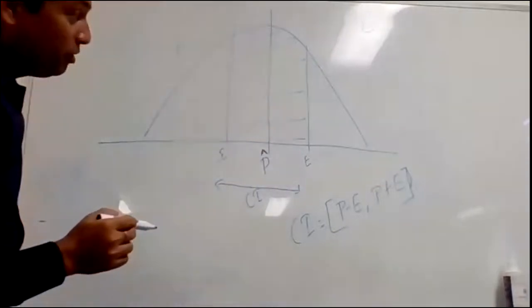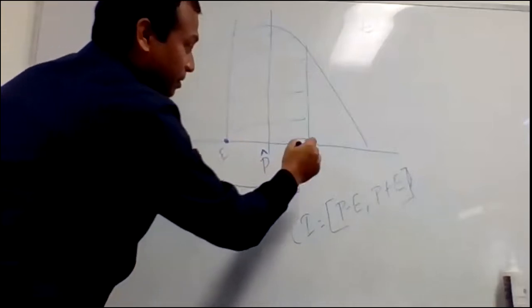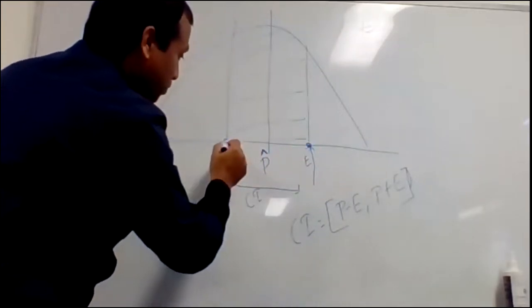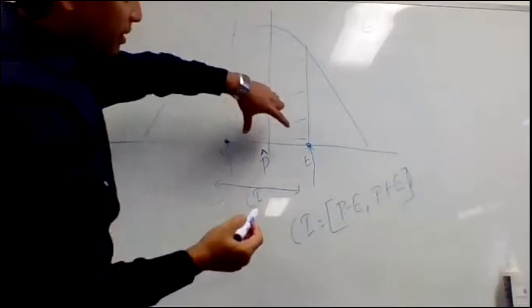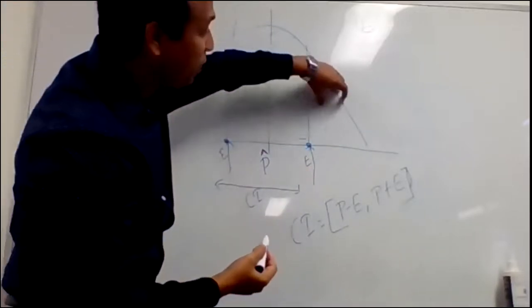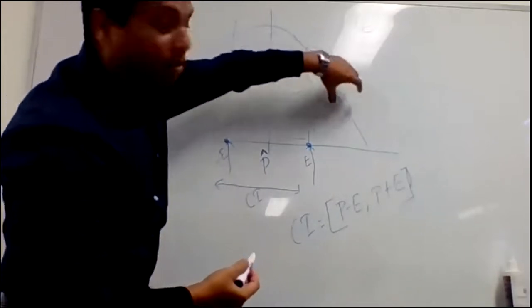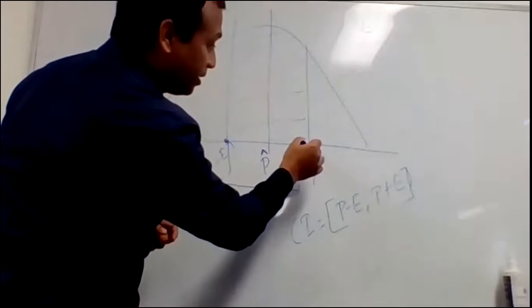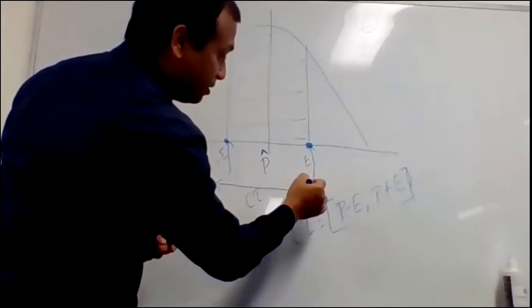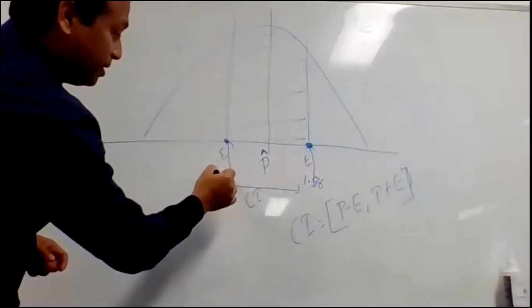Where is the critical value? Critical value is here or here. Critical values divide the area you are interested in from the area you are not interested in, which is acceptable and which is not acceptable. So the critical value is like 1.96 or minus 1.96.